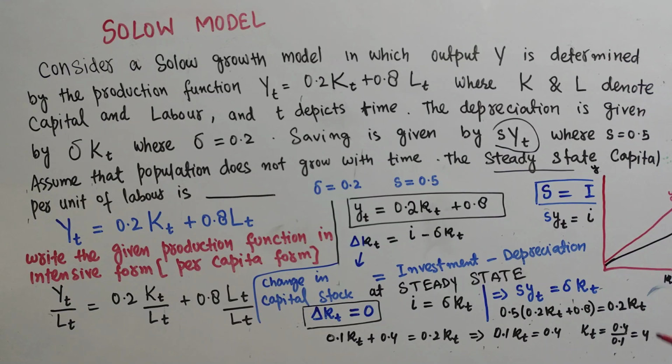Then we have the depreciation function, which we can write as delta k_t. At steady state, depreciation is exactly equal to the investment, which is equal to the savings. It happens when capital per labor is equal to 4. I hope I make myself clear in this video. Thank you.